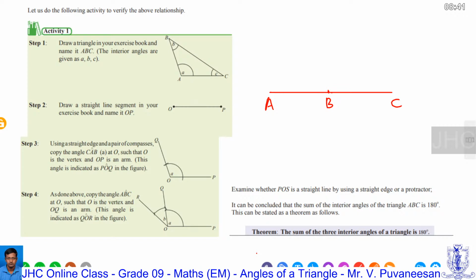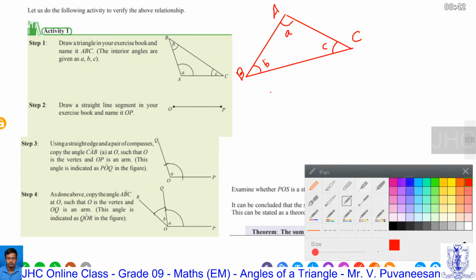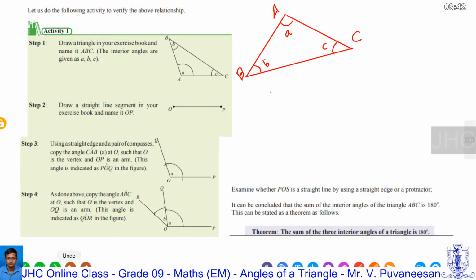Draw a triangle ABC, and then name the interior angles A, B and C. Now draw a straight line segment in your exercise book, name it OP.